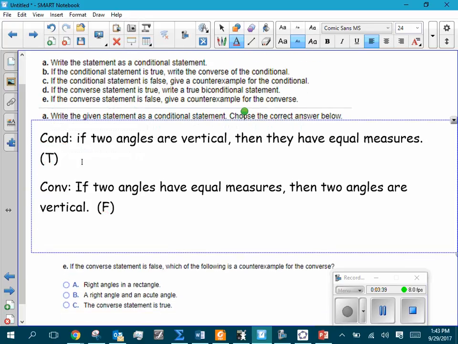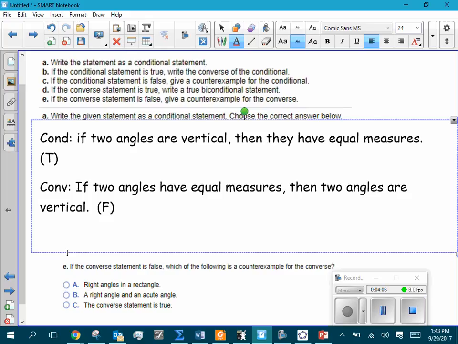Part E is actually tied directly to us being able to answer whether the converse was true or false. Part E is asking, what is that counterexample? What is a situation in which you could definitively say, when I have 2 equal measurements, those angles are not necessarily vertical?